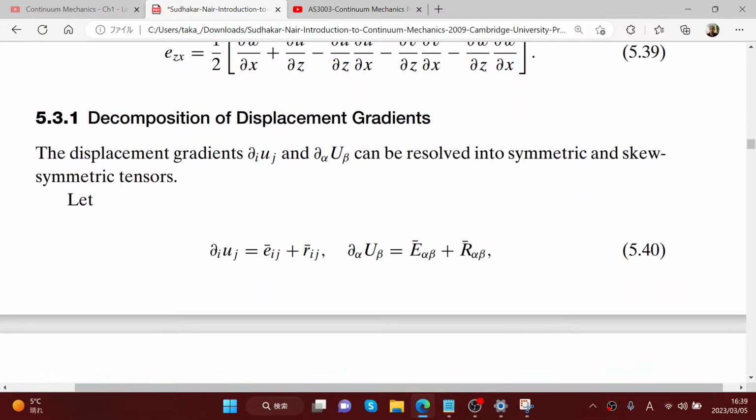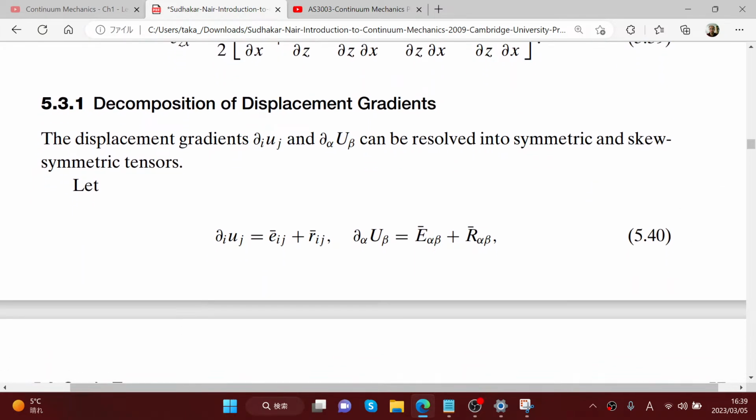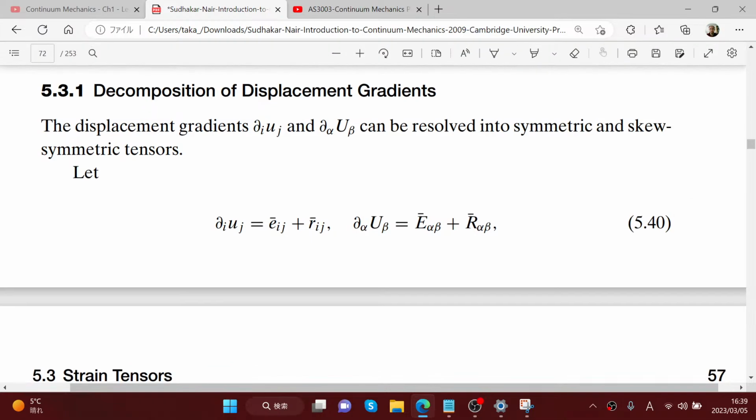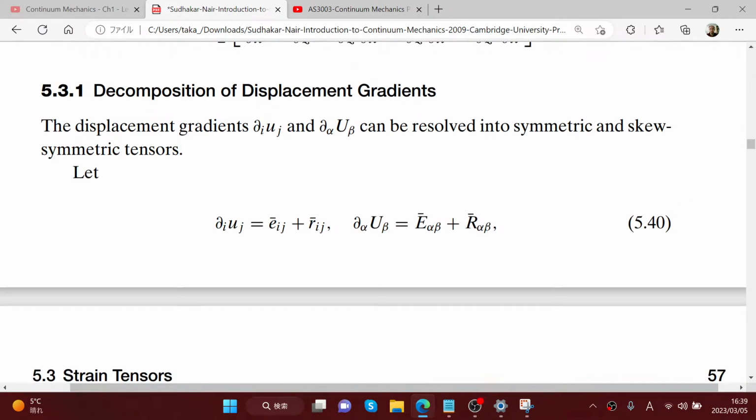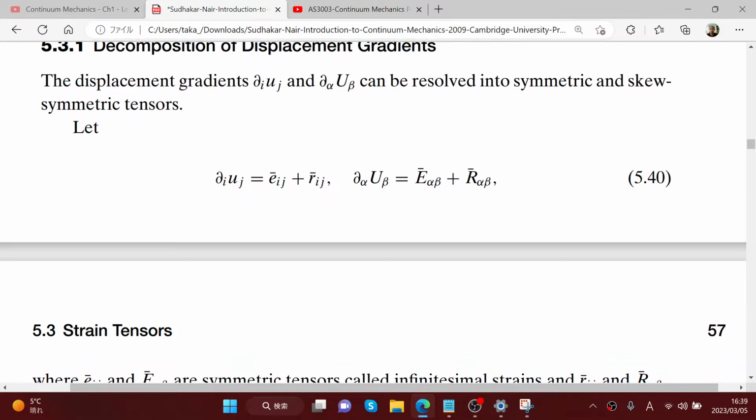5.3.1 Decomposition of displacement gradient. Displacement gradient, partial i uj and partial alpha u beta, can be resolved into symmetric and skew-symmetric tensors.